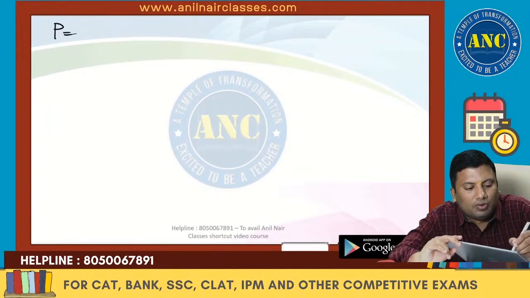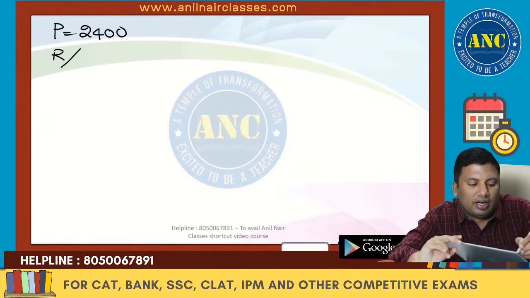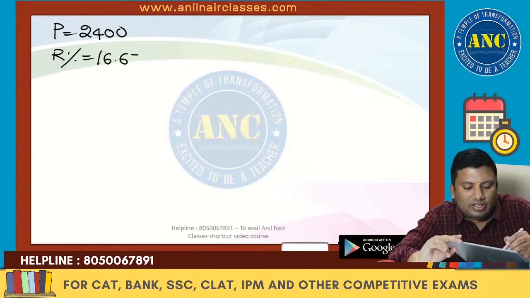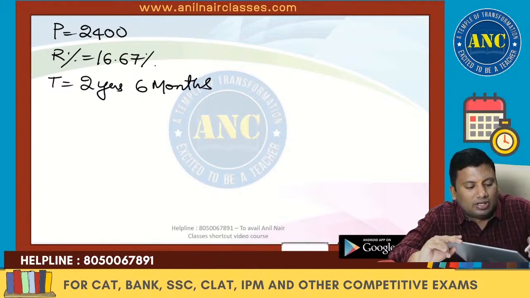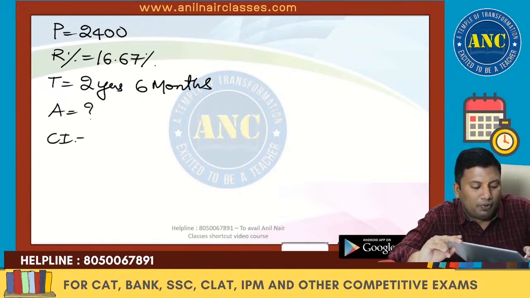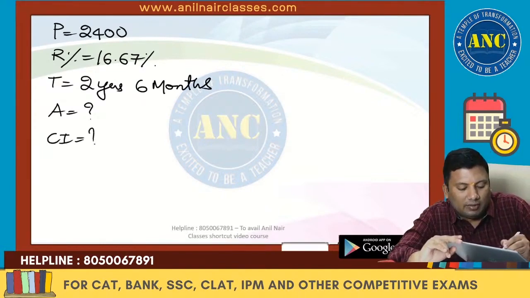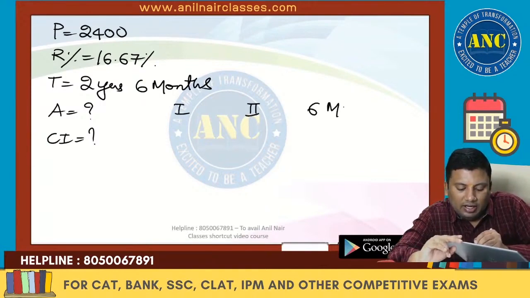P is 2400. R percentage is 16.67 percentage. Time period is 2 years 6 months. Find the amount and find the compound interest. So this is first year, second year, and the third one is 6 months.